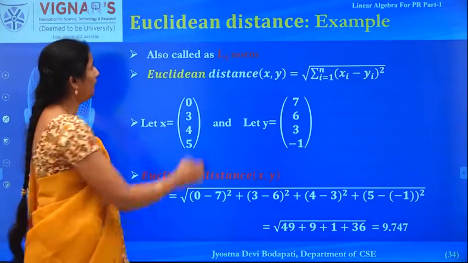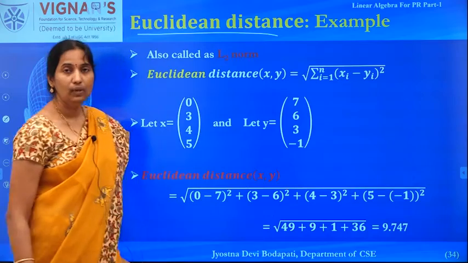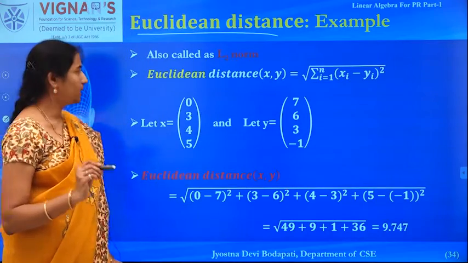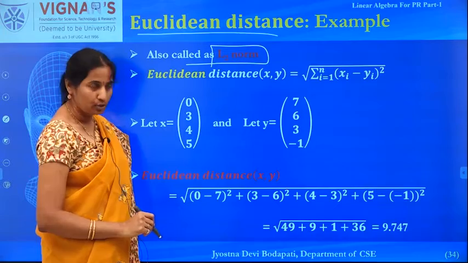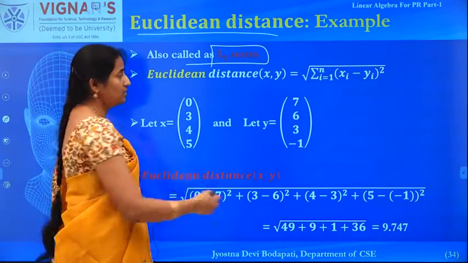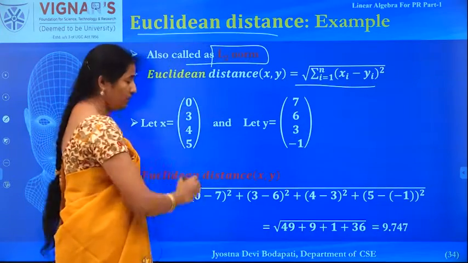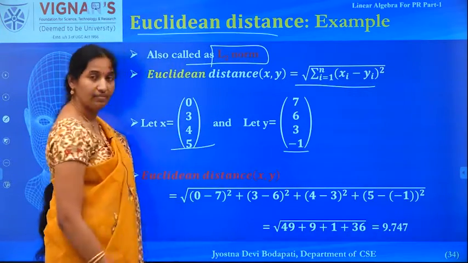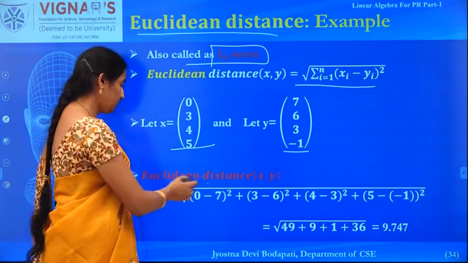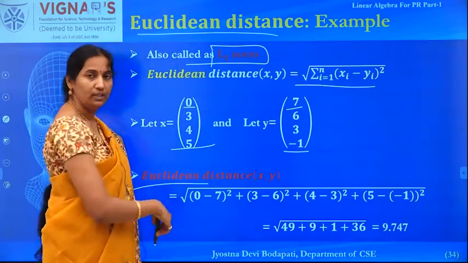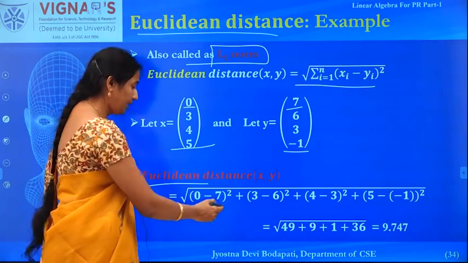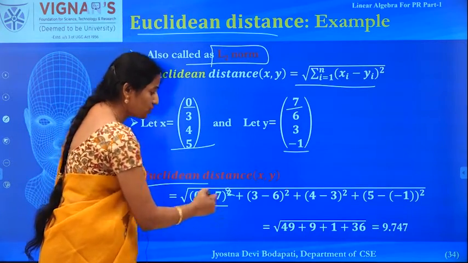Now, let us see how to compute the Euclidean distance between the given two vectors. This Euclidean distance is also called the L2 norm, and using this formula you can compute it. Let us consider these are the given vectors. You take the difference between the corresponding elements and raise their absolute values to the power of 2.